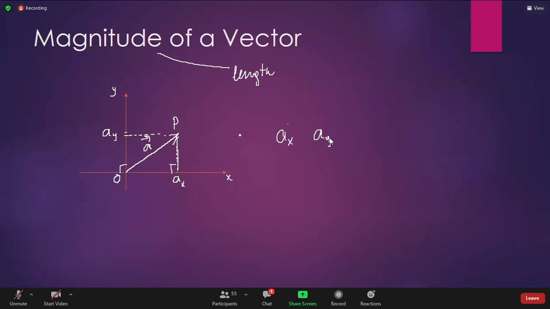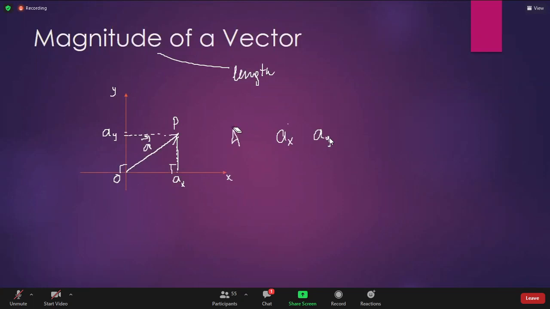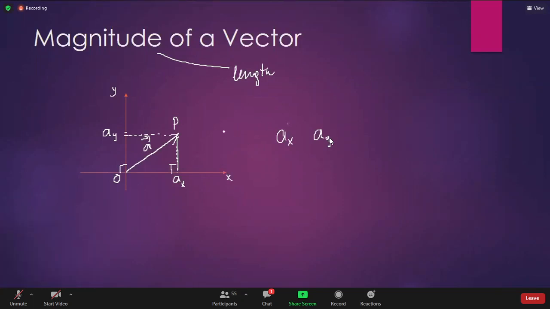And of course, by the Pythagorean theorem, the magnitude of OP, which is geometrically the length of the hypotenuse, is the square root of the sum of the squares of the legs.